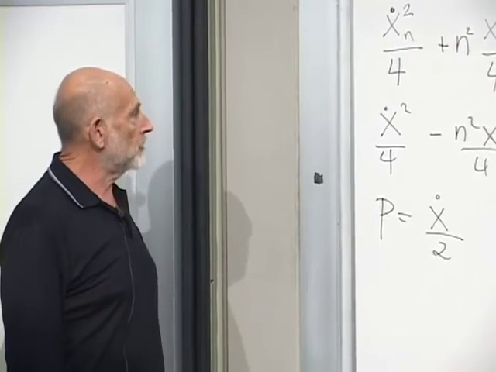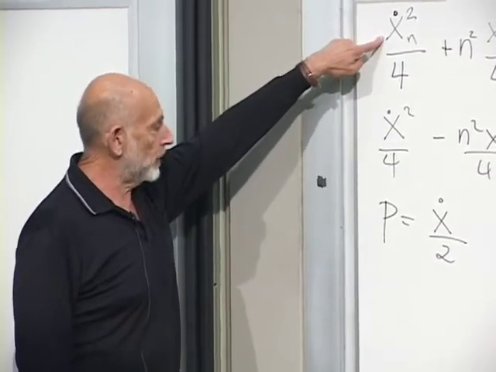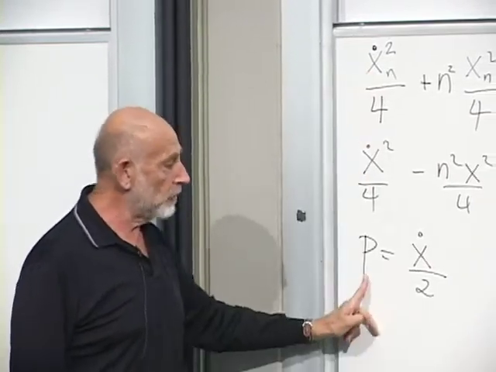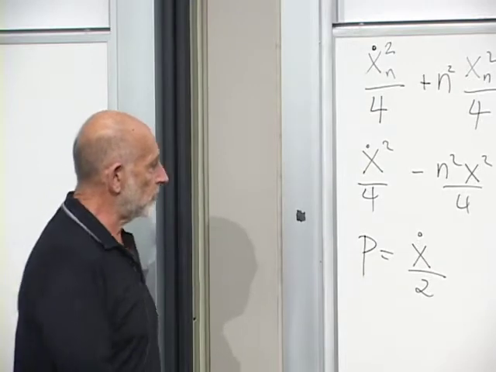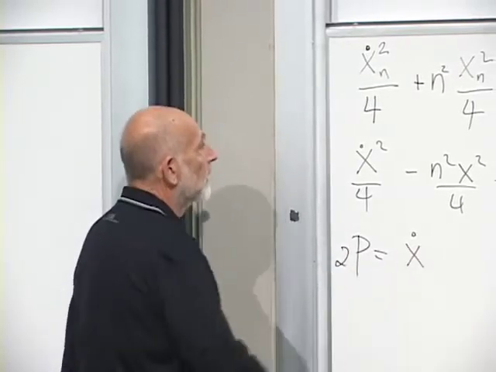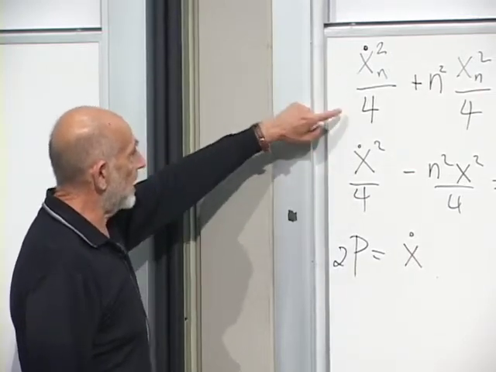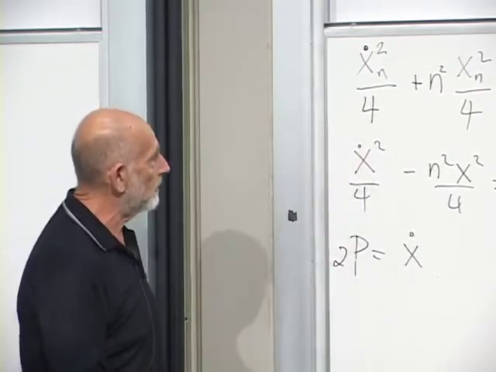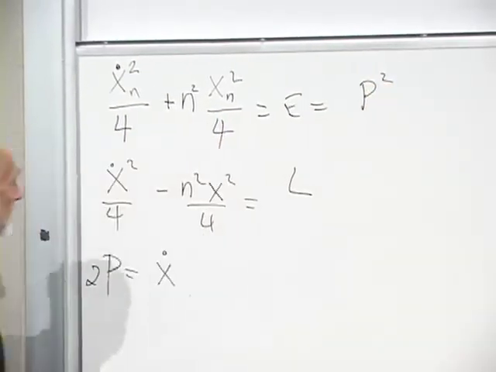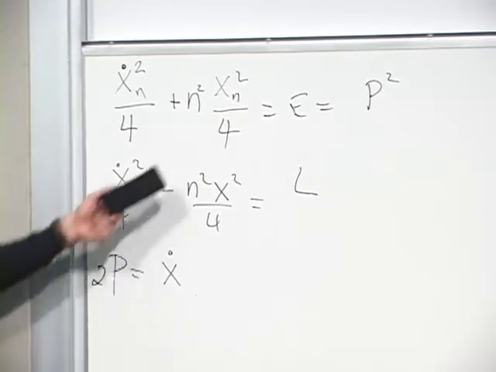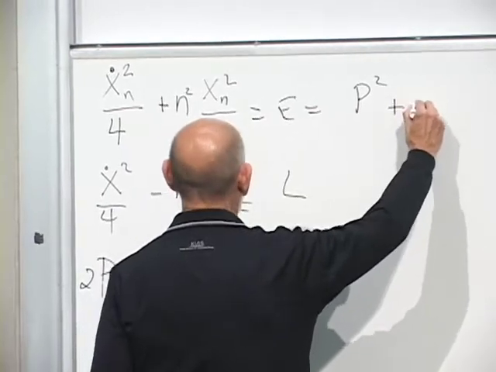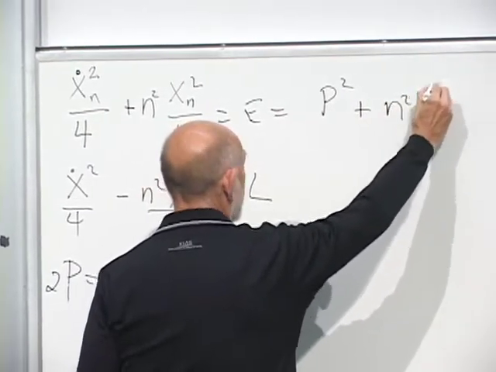Next step is you rewrite the energy in terms of p's instead of x dots. So we just have to solve for x dot and plug it in here. What does that give us? x dot squared will be 4p squared divided by 4, so this will be p squared with no 4. And then the potential energy doesn't change, plus n squared x squared over 4.